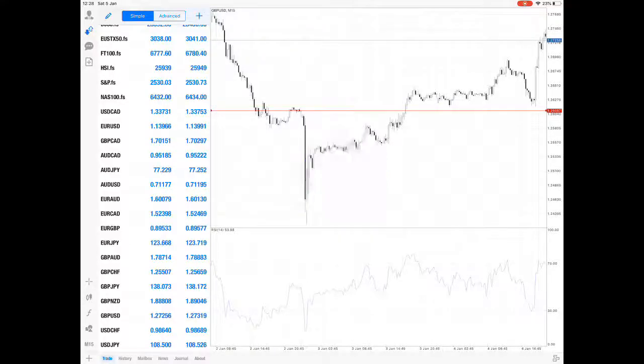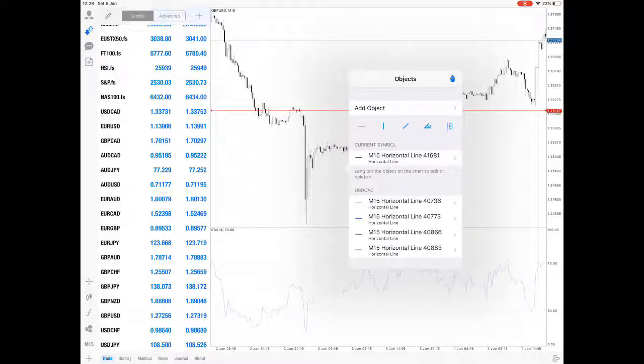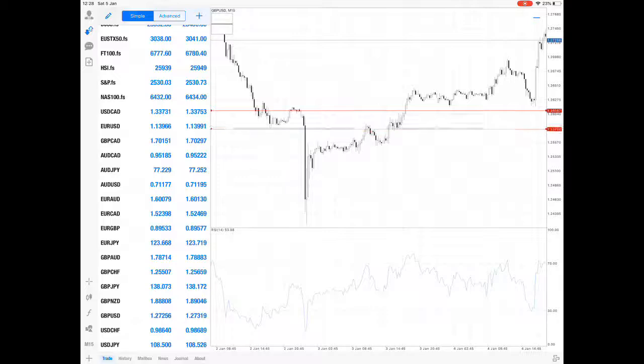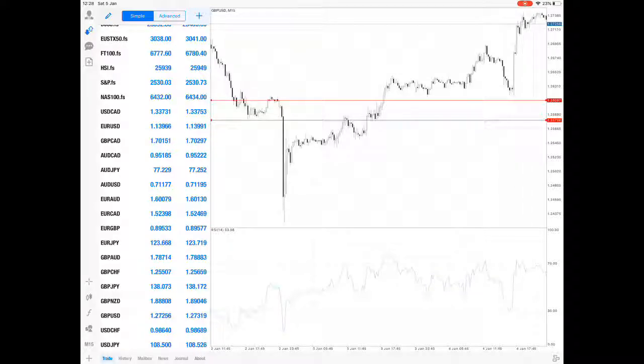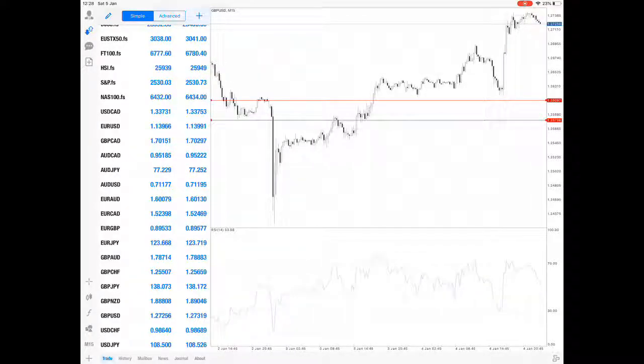If you want to do resistance 1 and resistance 2 on any pullback, you could probably use this level here as resistance 1, and then the other one is resistance 2. And as you can see here, it hasn't actually tested that R2 part for a while, so you can now use that as support. So that's sort of brief NFP trading.